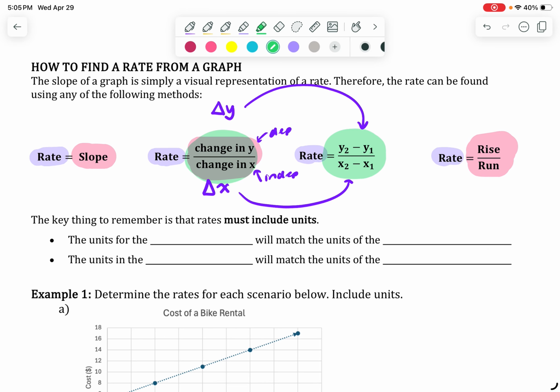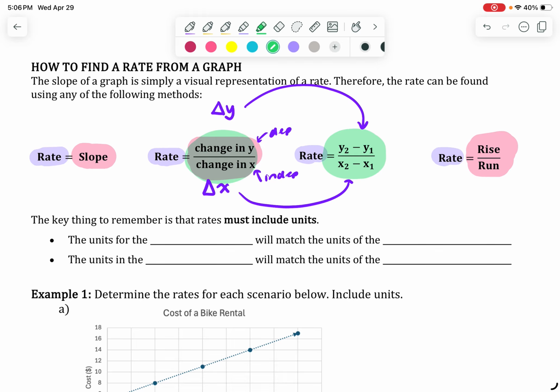As long as I have two sets of values, one set of 2 points for my y, my dependent variable, and one set of 2 points for my x, my independent variable, I can plug those in, never have a graph in front of me, and still calculate that rate. I don't need a graph to be able to see what a rate is going to be. I can still calculate that slope without it.